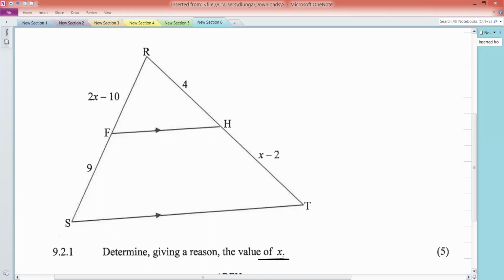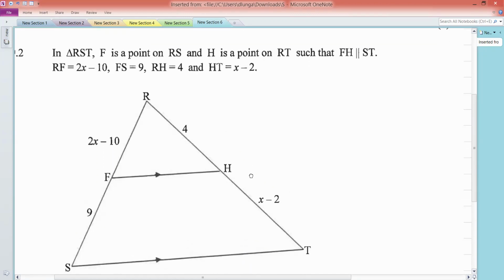We're using the prop theorem and the fact that they've told us that FH is parallel to ST. First of all, straightforward, all you have to say is: I know that the ratio of RF over FS is going to be equal to what? Now, this you know definitely. It's going to be equal to the other side, which is RH over HT.